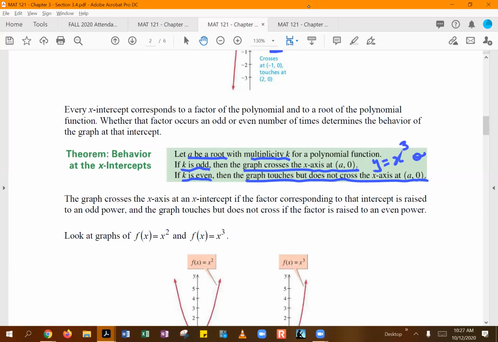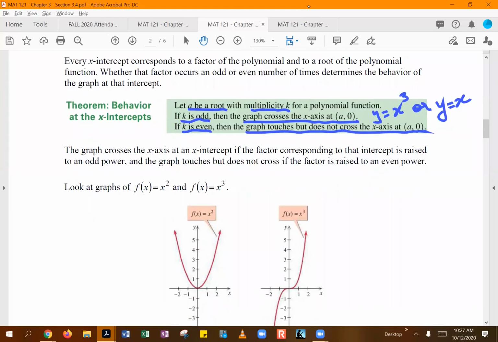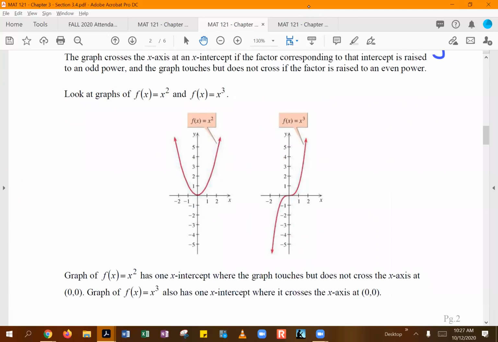So remember, for k odd, you can remember the behavior of x to the third power, or just remember the behavior of the line y equals x. For when k is even, remember what a parabola does. A parabola touches but does not cross. An x to the third function, or like I said, think about the line y equals x, which is a line that goes up like this.